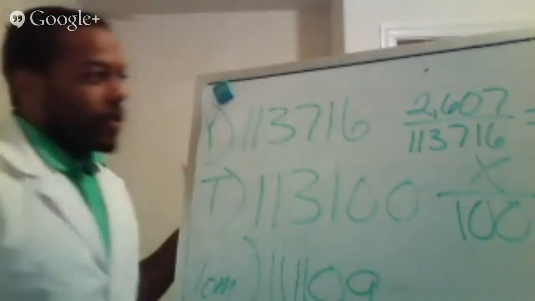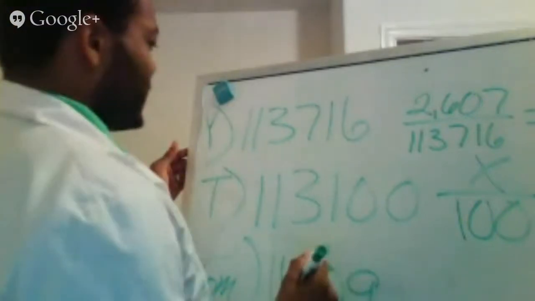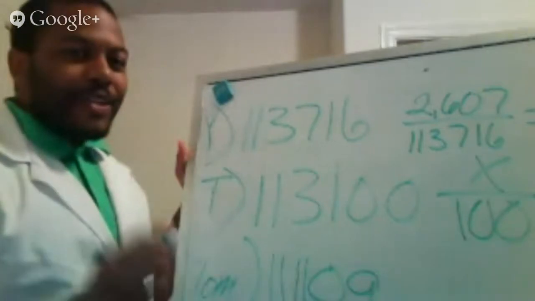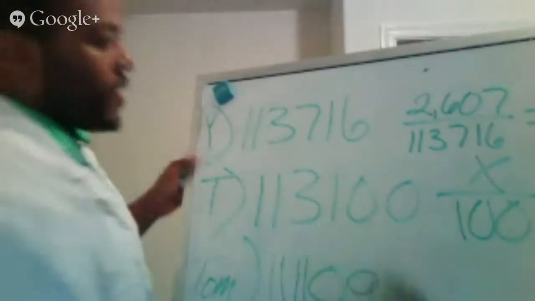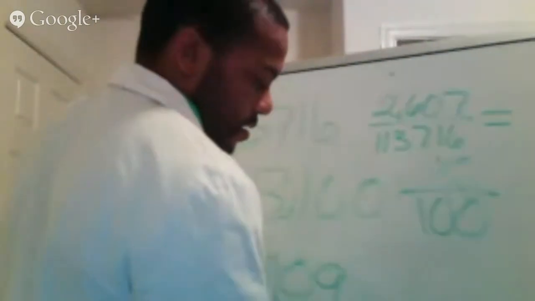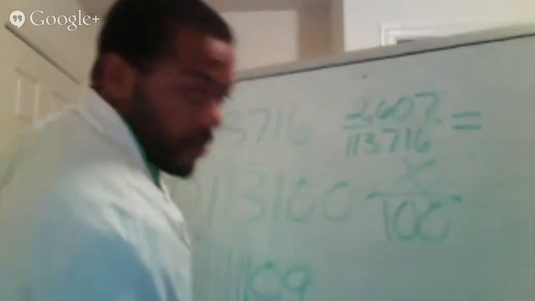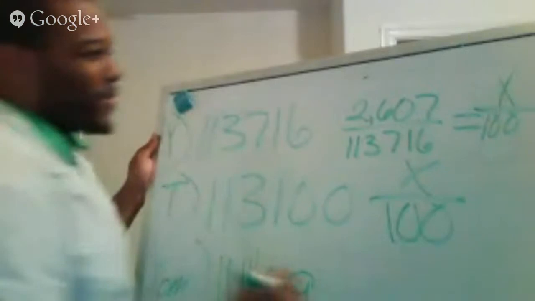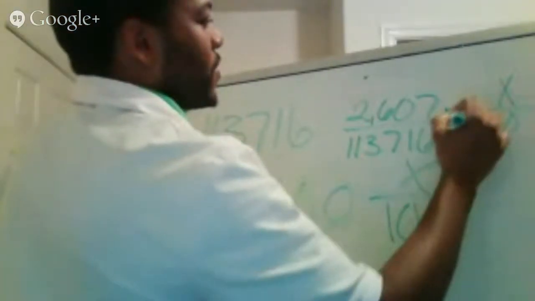Now, once again, you would cross multiply. I don't like that you can't see it. Let me scoot it over some. There we go. Cross multiply.